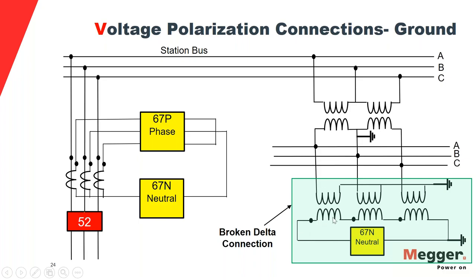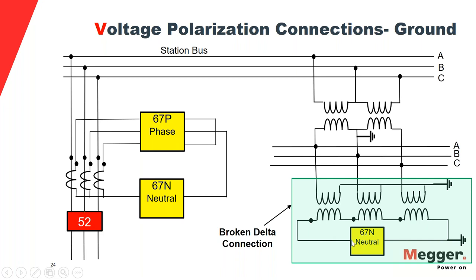So this is my phase A, this is my phase B, and this right here is my phase C. A is connected to the polarity of phase B, and then the non-polarity of phase B is connected to the polarity of phase C, and then the non-polarity of phase C is actually grounded.